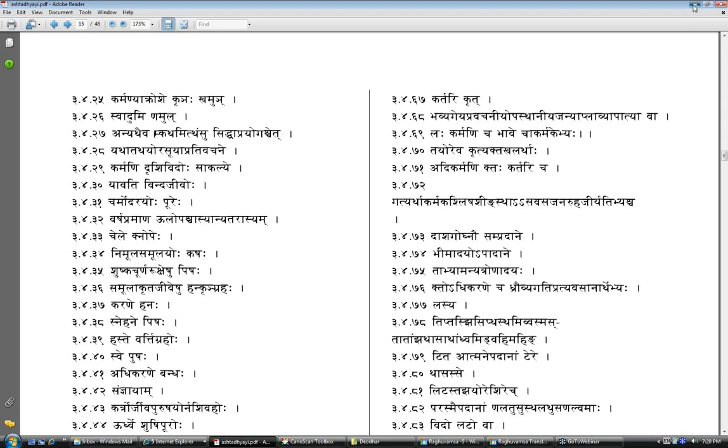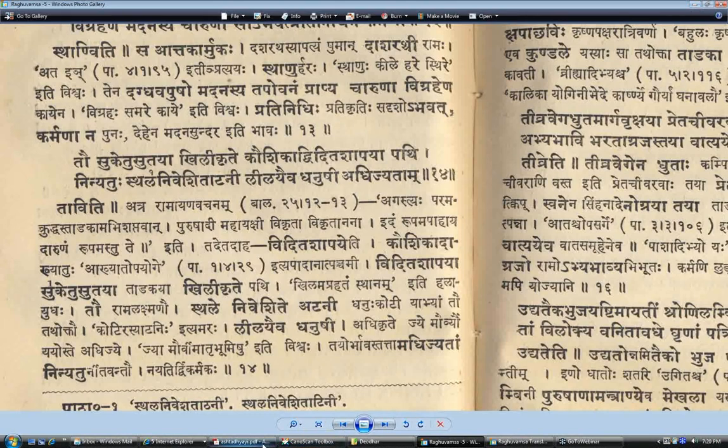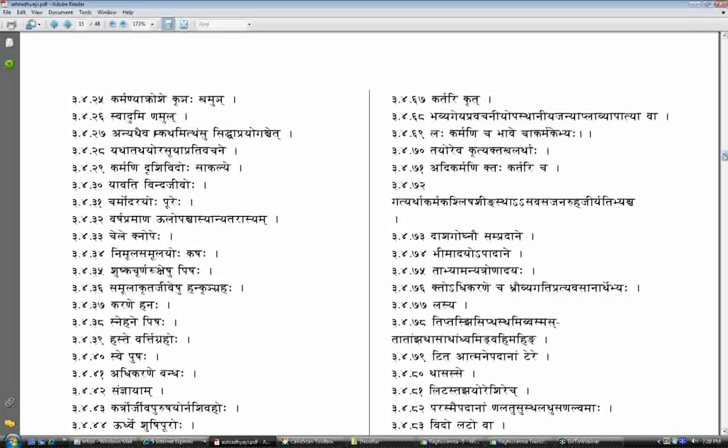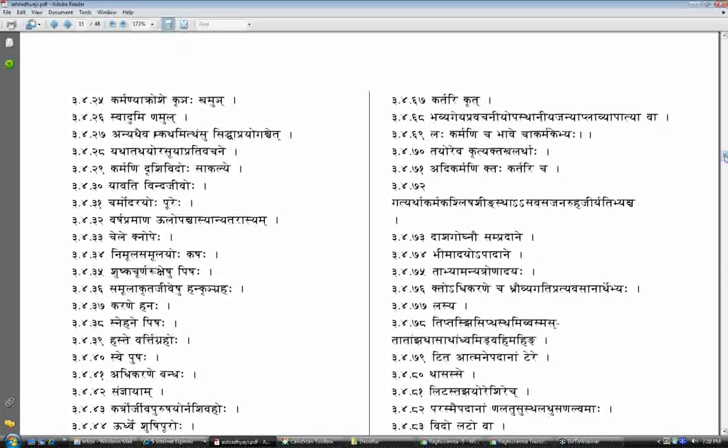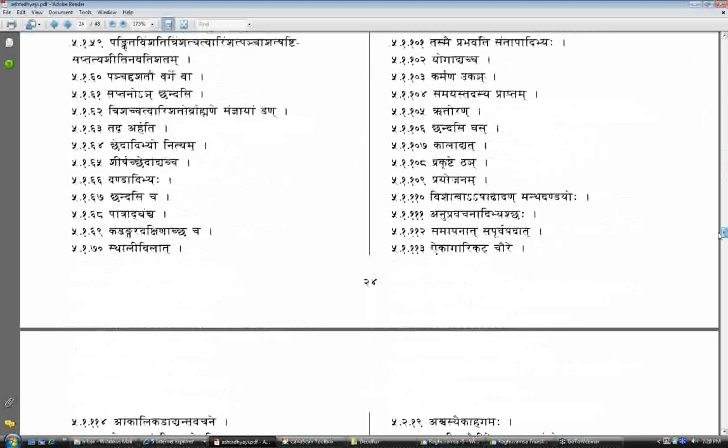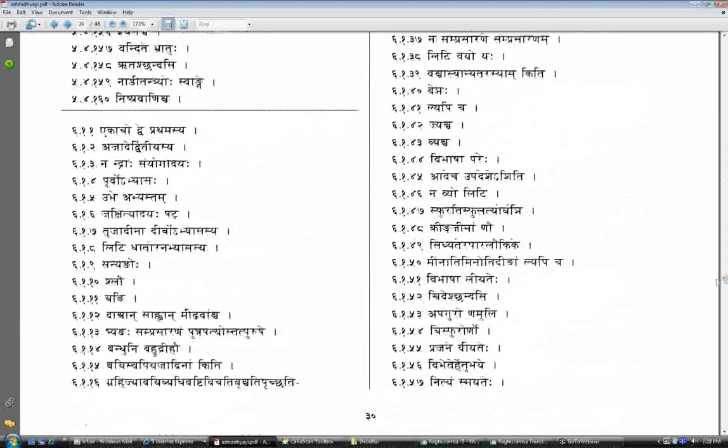So again we go through duplication, because in 6.1 Panini says when duplication is required. There are only about four or five rules over there, at the beginning of 6.1. And hopefully when I give these numbers over and over again, at least some of you can start remembering these sections, because 6.1.1 starts ekaco dve prathamasya. This is an adhikara running down here.